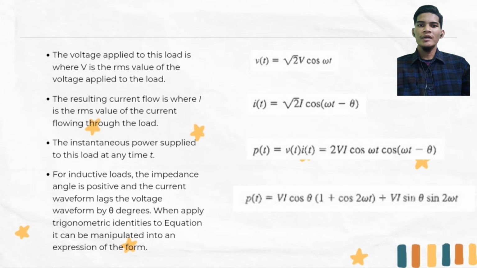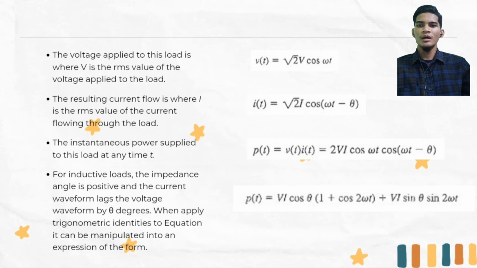The formula is i(t) equals square root of 2 I cos omega t minus theta. The instantaneous power supplied to this load at any time t. The formula is p(t) equals v(t) i(t) equals 2VI cos omega t cos omega t minus theta.